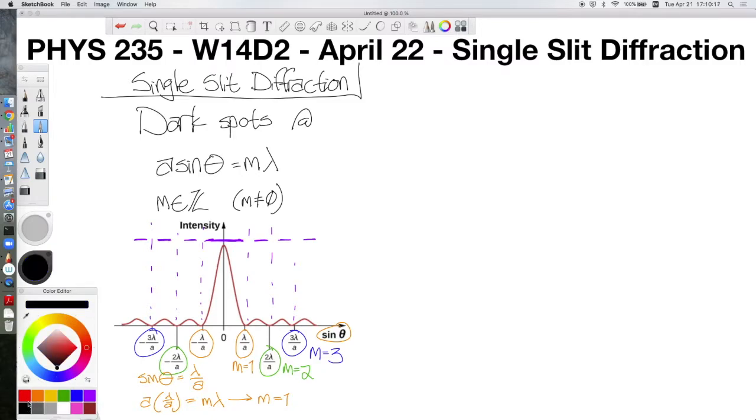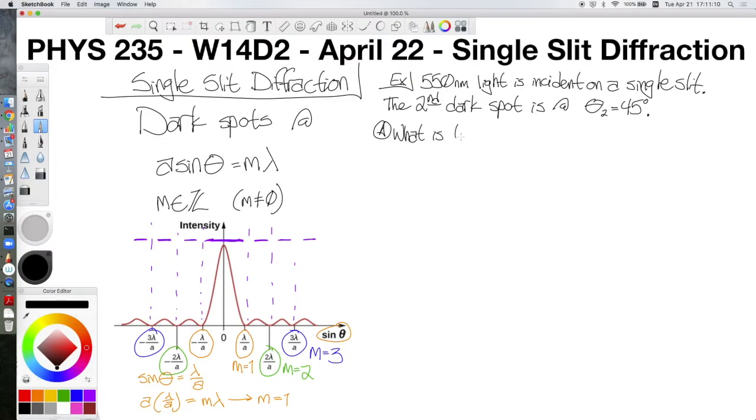So let's do an example here. Let's say 550 nanometer light is incident on a single slit, and the second dark spot is at 45 degrees. The first question we want to answer is, what is the width of this slit?